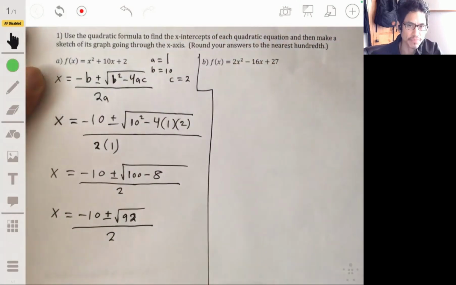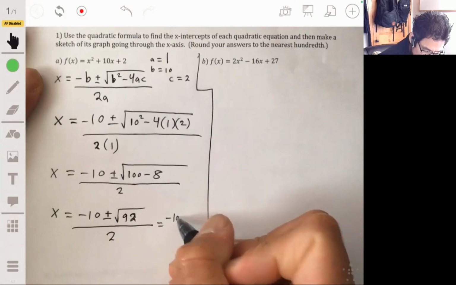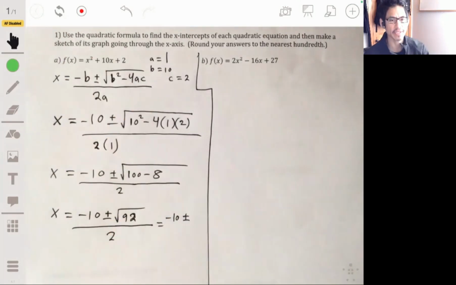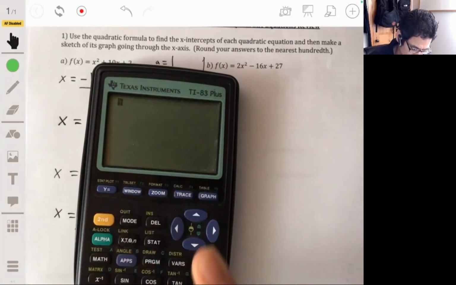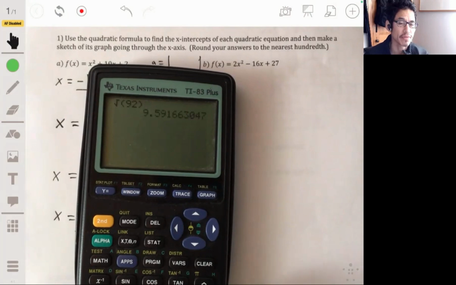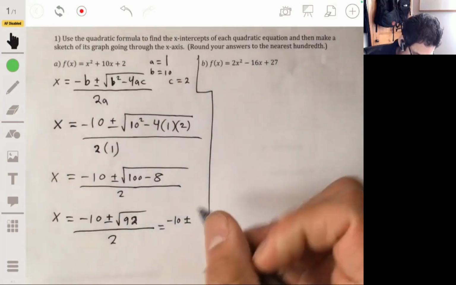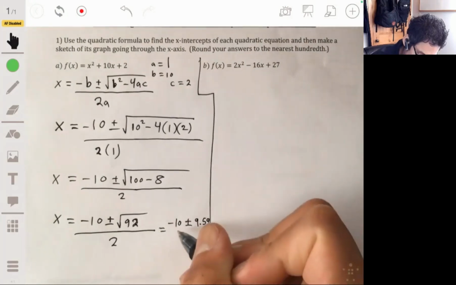Let me divide this like that. And then this becomes negative 10 plus minus, let's take a decimal approximation for the square root of 92 so that we don't have to worry about it later. That'll be about 9.59, all over 2.